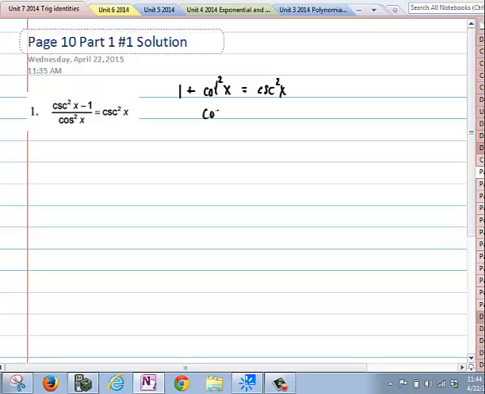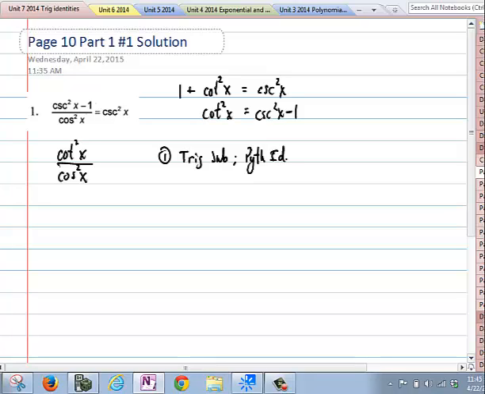If I just solve for cotangent squared of x, you see that you have cosecant squared of x minus 1. So I'm going to make that trig substitution. So the numerator is going to be replaced with cotangent squared of x over cosine squared of x. And my reason is trig substitution. And that is a Pythagorean identity.